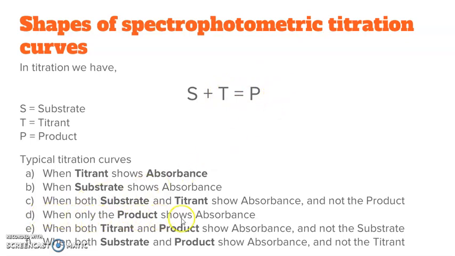Fourth case, when only the product shows absorbance but not the substrate and the titrant. Fifth case, both titrant and product show absorbance. And the last case, when both substrate and product show absorbance and not the titrant. So we'll take all these typical cases individually, one by one, in great detail.